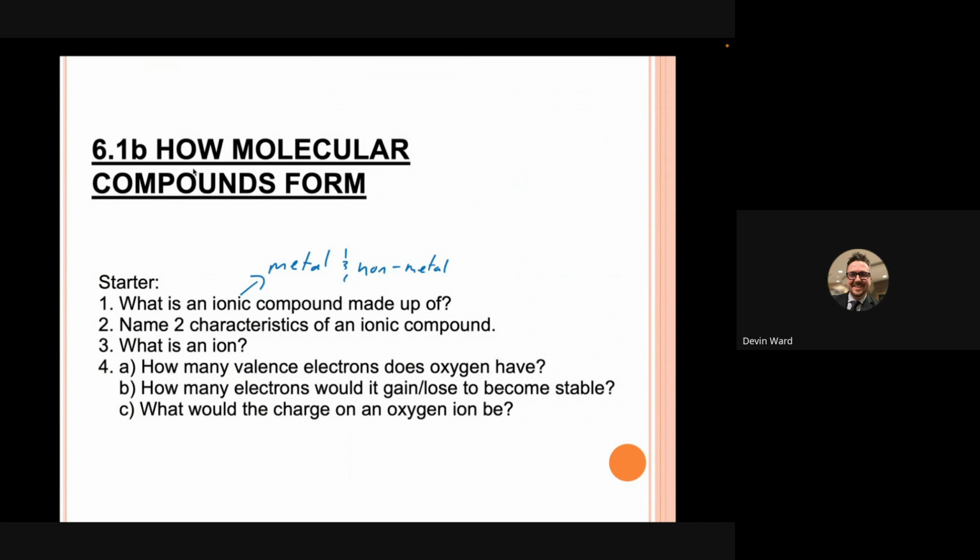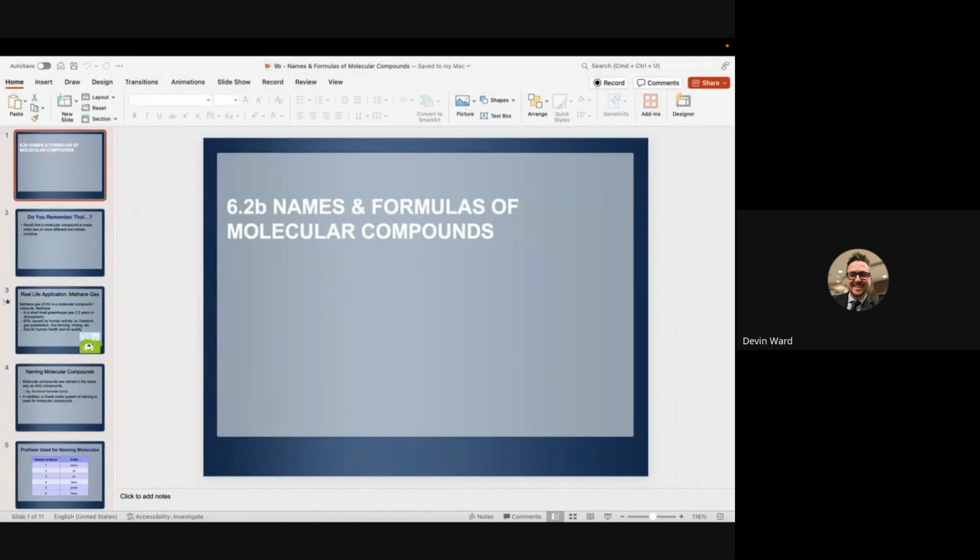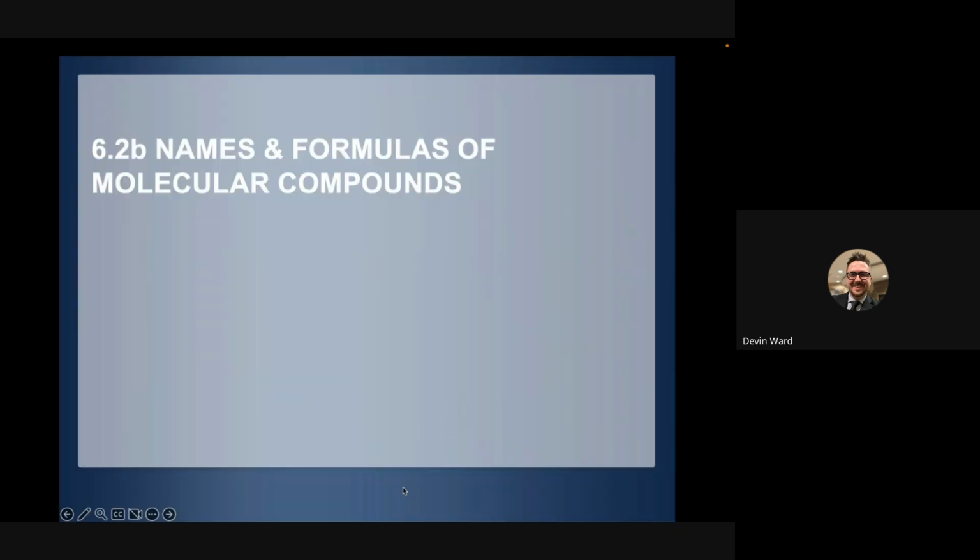That's not how you spell conductivity. The state that they're in, so the state of matter, or their melting and boiling points.